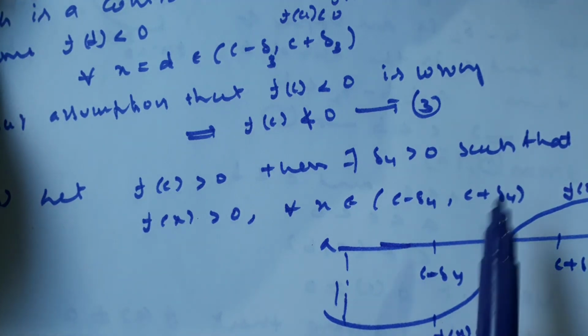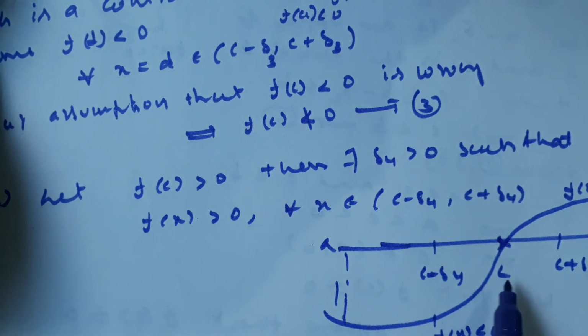Next, I am proving in equation 3 that f of C is not less than 0. So values less than 0 cannot occur. Let us see what happens on the right side also.